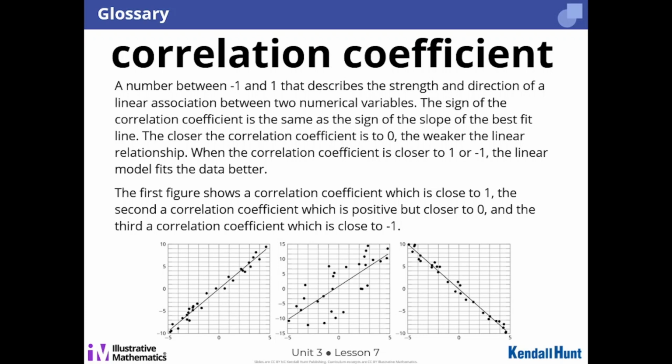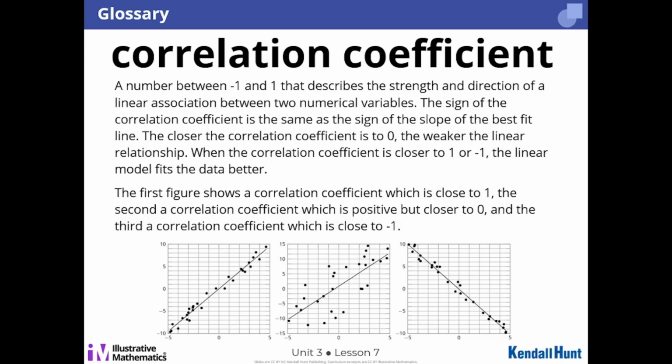The closer the correlation coefficient is to 0, the weaker the linear relationship. When the correlation coefficient is closer to 1 or -1, the linear model fits the data better. So we're talking about how spread out these scatter plot points are from the line.